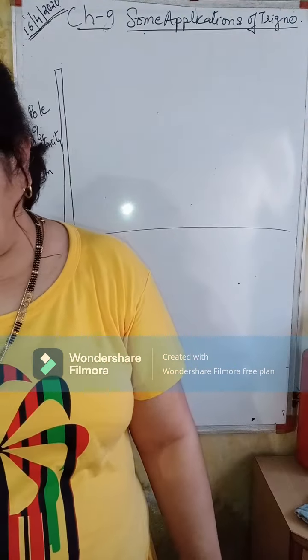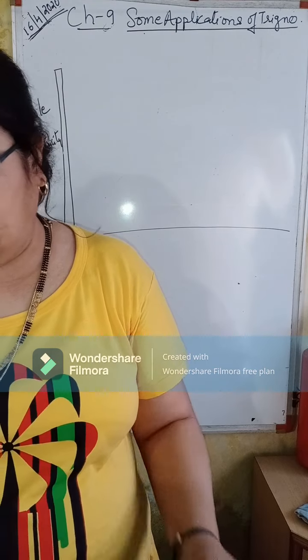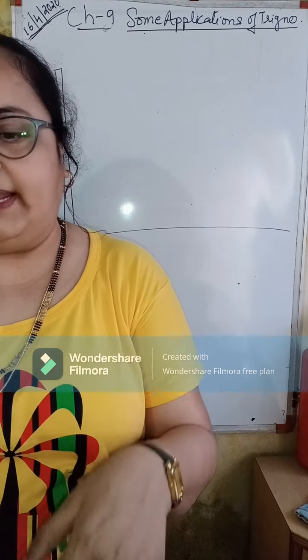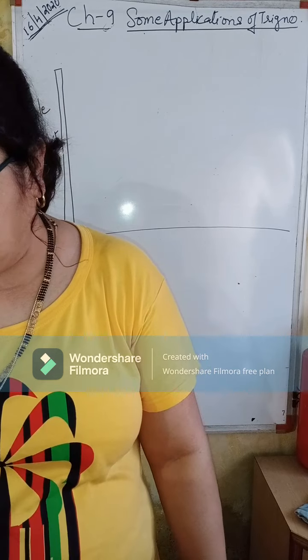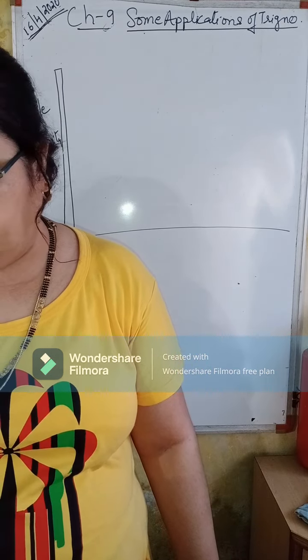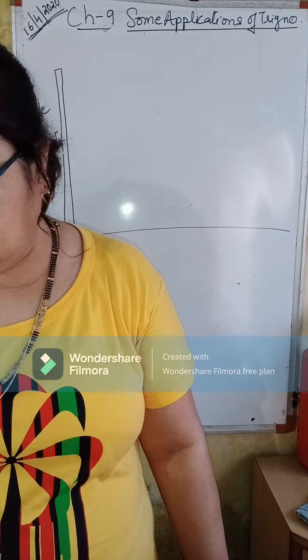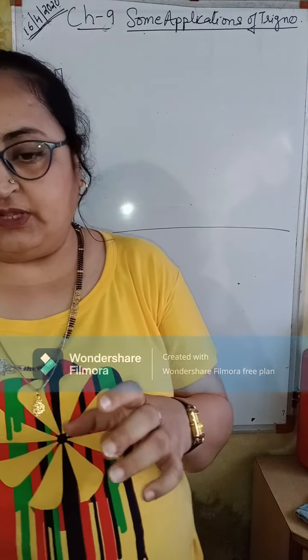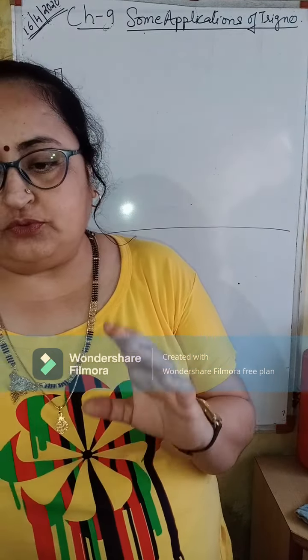Now further she needs to reach a point, that means an electrician is a lady. She needs to reach a point 1.3 meter below the top of the pole to undertake the repair work. Now see, she needs to reach a point where 1.3 meter below the top of the tower.